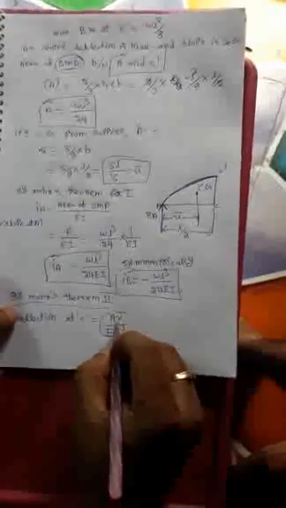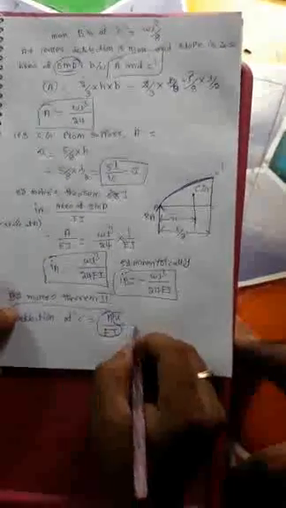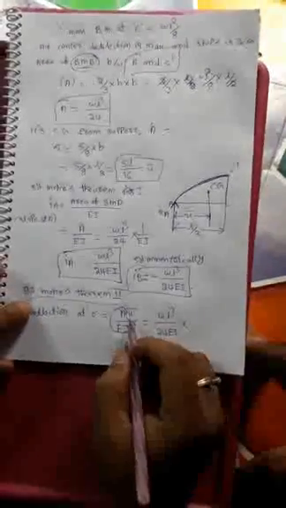So A by EI is nothing but the slope. Already we have the formula for A by EI, that is WL cube by 24 EI. And x bar, we already have the x bar formula, that is 5L by 16.